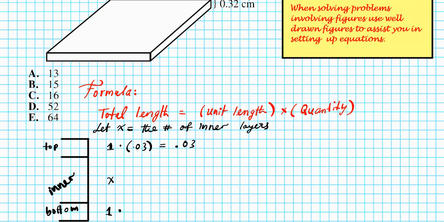For the bottom layer, the length is also 0.03, the same size as the top layer. What is the unit length of the inner layer? Each inner layer is 0.02 centimeters thick. Multiply that, and we get 0.02x.